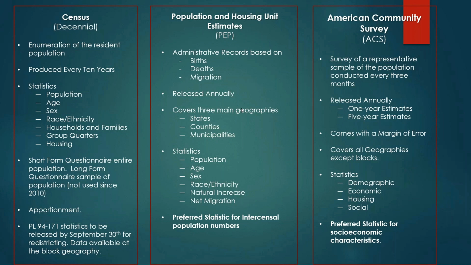We update statistics annually and use the most recent statistics available in our reports and presentations. While the decennial census is an enumeration of every person living in the country, it is a snapshot in time. And with the passage of time, that snapshot changes. So when you're doing a comprehensive plan, it is a very long process.